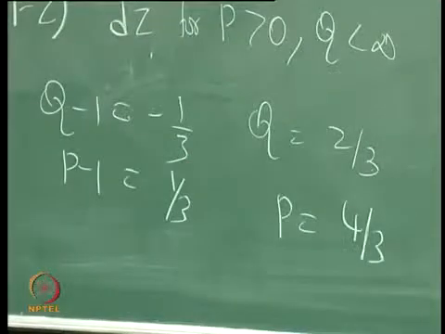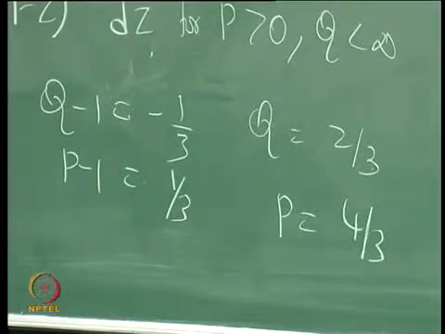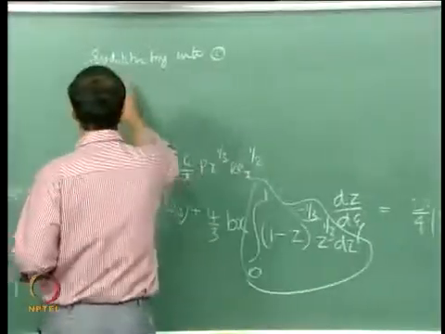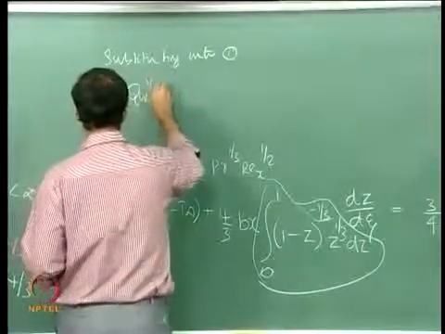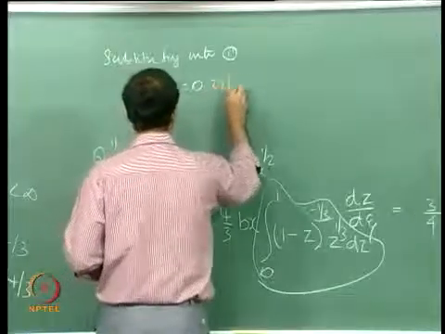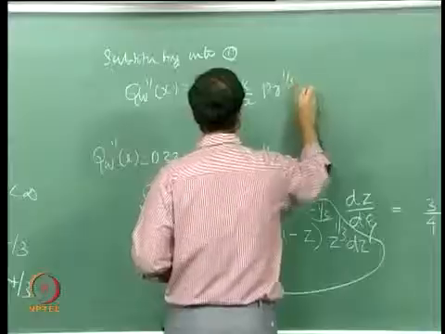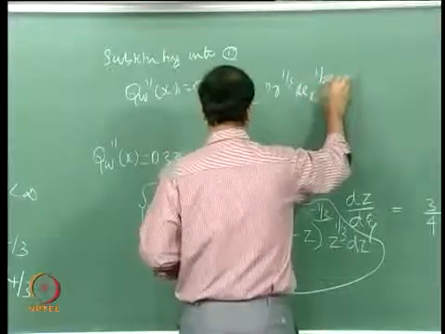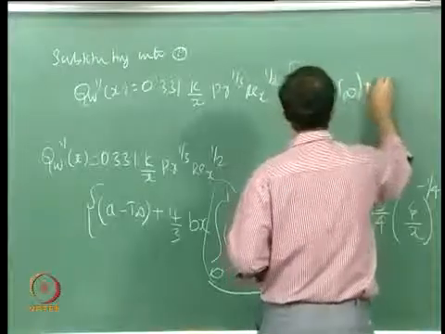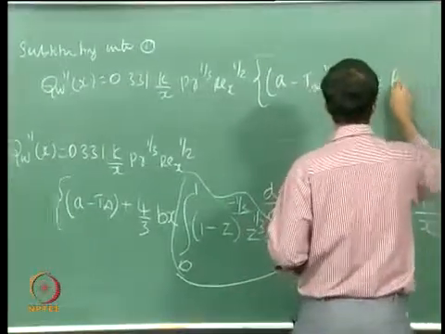We can write it again, everything here as it is: A minus t infinity plus 4 by 3 bx into the beta function.